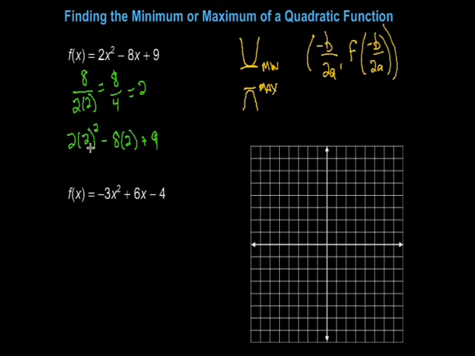So 2 squared, 2 times 2 is 4. 4 times 2 is 8. So we have 8. Then minus 8 times 2 would be minus 16. Then plus 9. Then 8 minus 16 would be negative 8. And then plus 9 would be just 1. So, our vertex for this one is (2, 1).